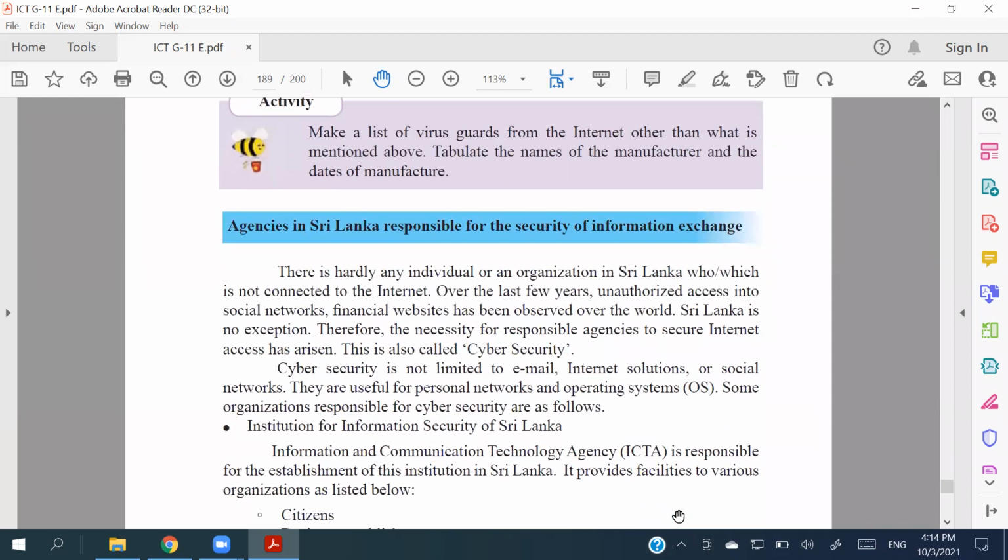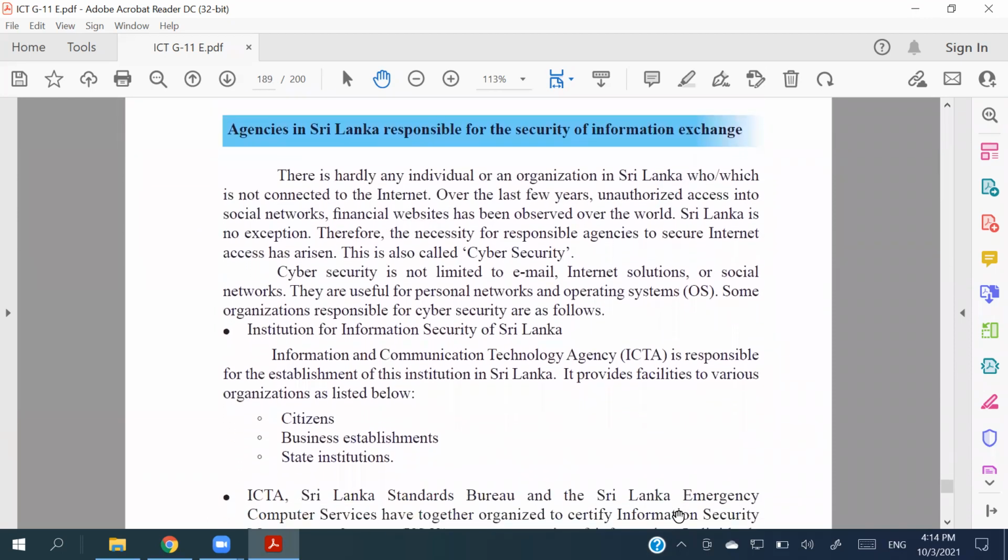Okay, so I'm going to the next one, the agencies in Sri Lanka responsible for the security of information exchange. There are many different institutes which provide cyber security, and ICTA is one of those, right? ICTA stands for Information and Communication Technology Agency. They have the authority for cybersecurity and dealing with cybersecurity issues in Sri Lanka, right?